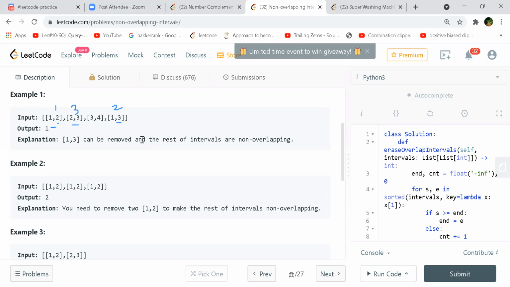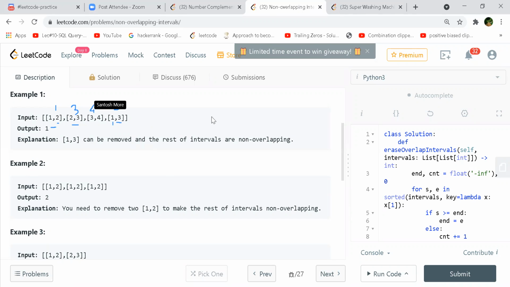So 1 will come at the second position and 2 will come at the third position. Right, Harshit and Karthik? Then only we'll get the overlap: one will be ahead and two will be after, so you'll get to know the longest overlap. Okay, makes sense. So this is the way the sorting will be.